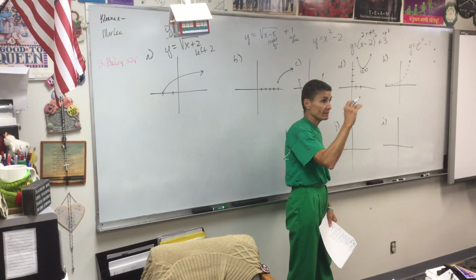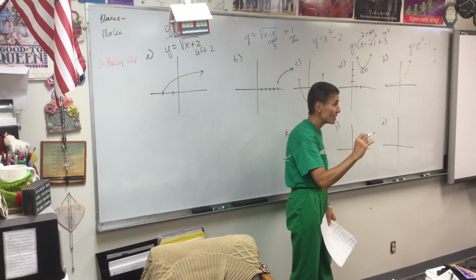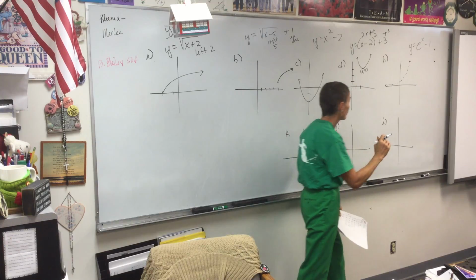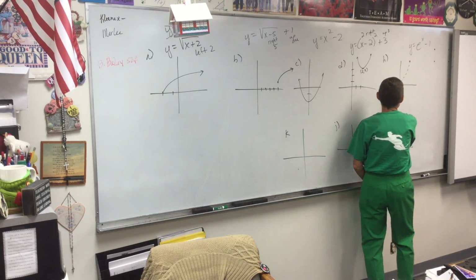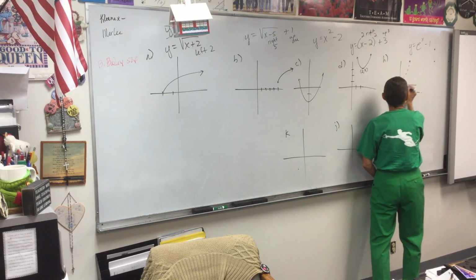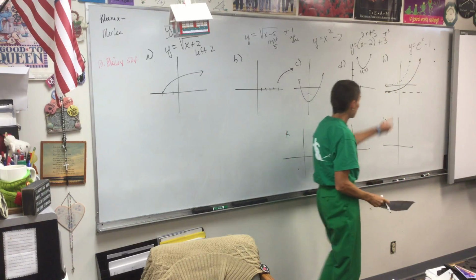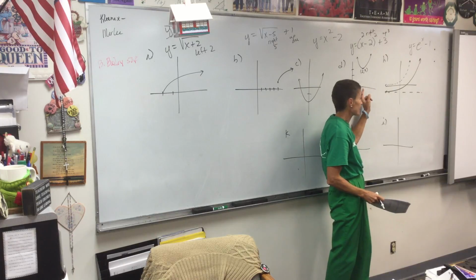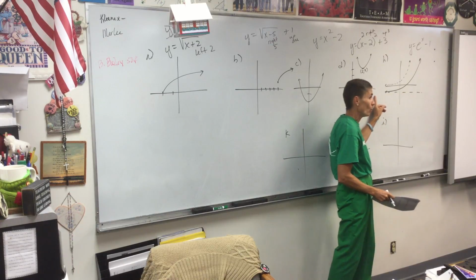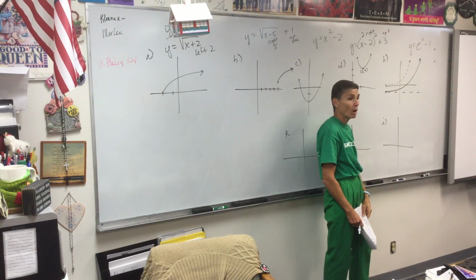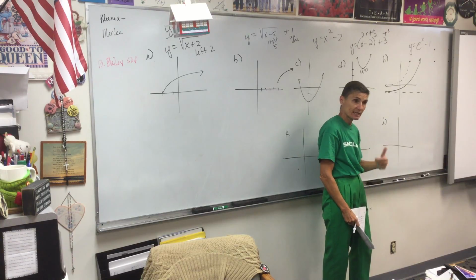Down 1 unit. Minus 1 goes down 1 unit. So now the curve is going to look like that. Instead of having 0 as its asymptote, now negative 1 is its asymptote. The whole thing got dropped down 1 step.